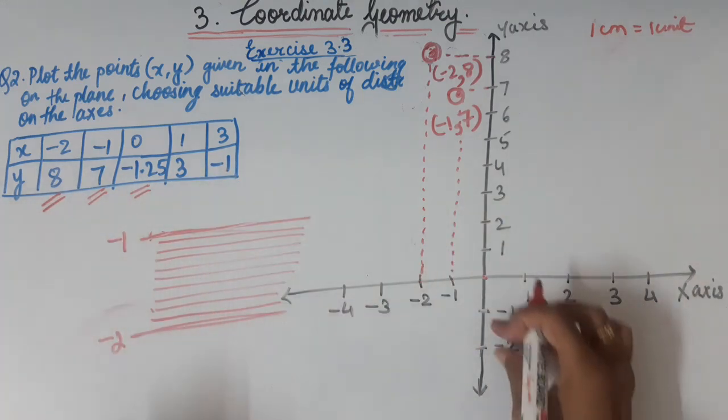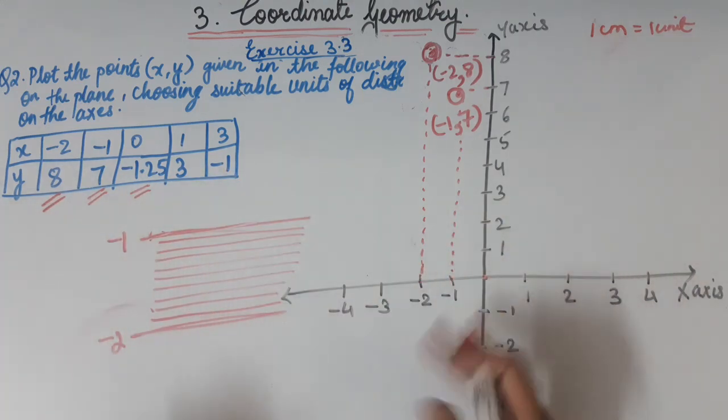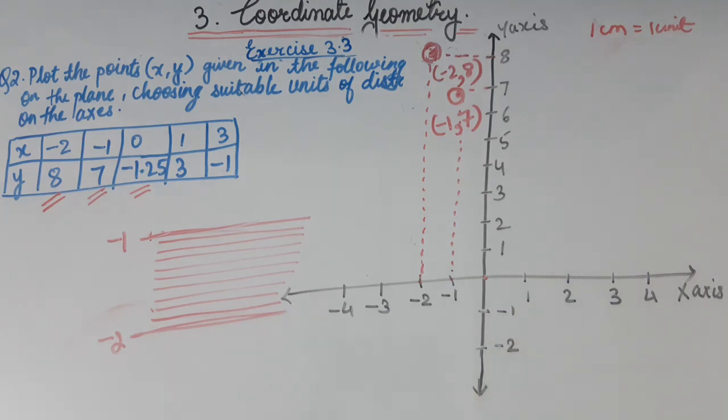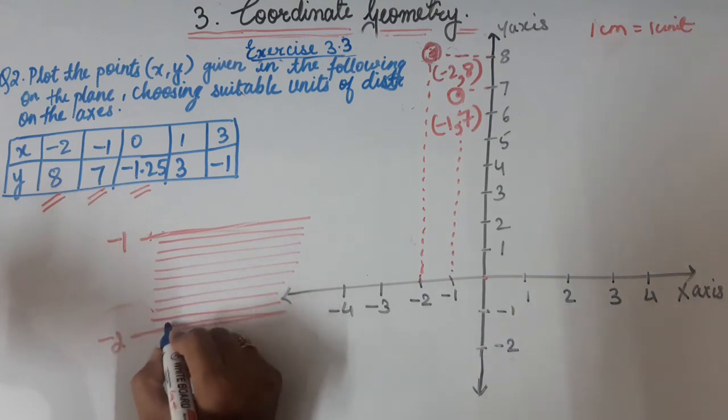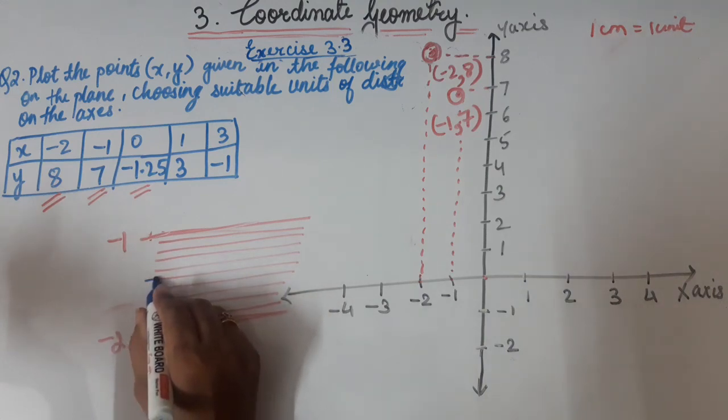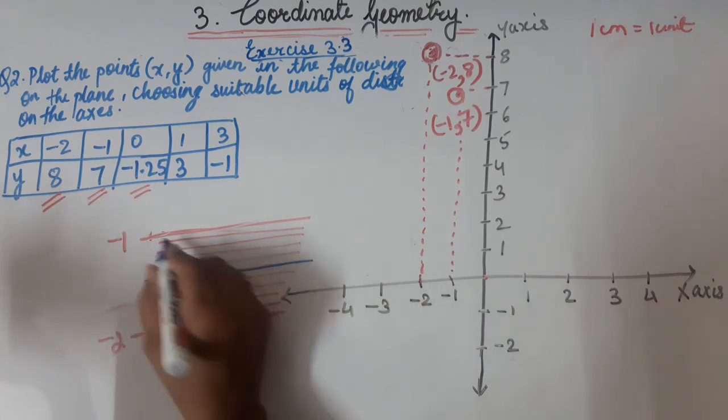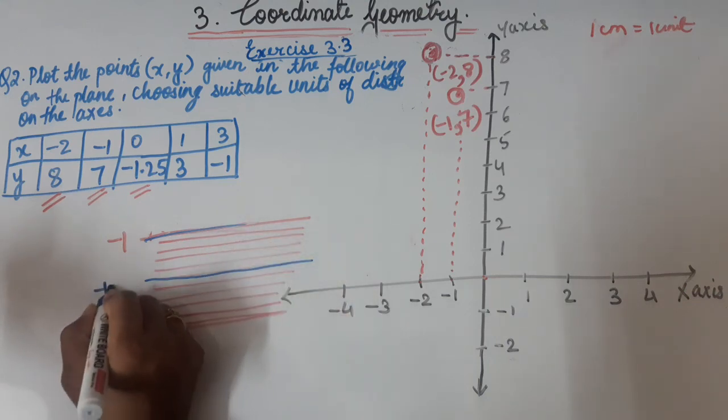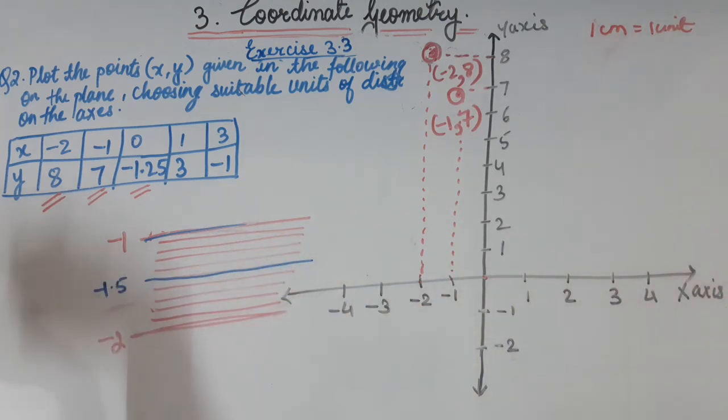We have just zoomed this part, okay? And you will see a little bit dark line at the center of this. Here you will get minus 1.5. The center line will be minus 1.5.